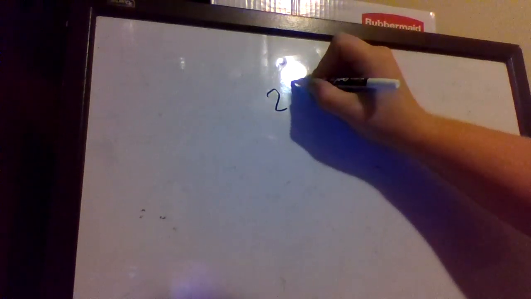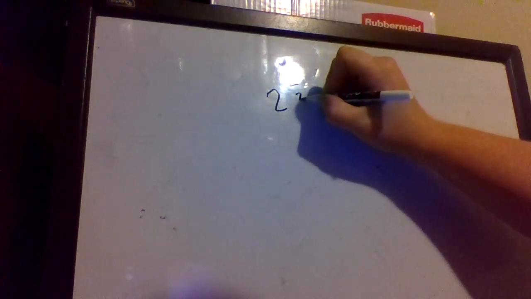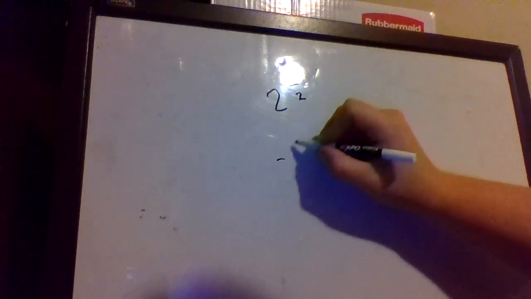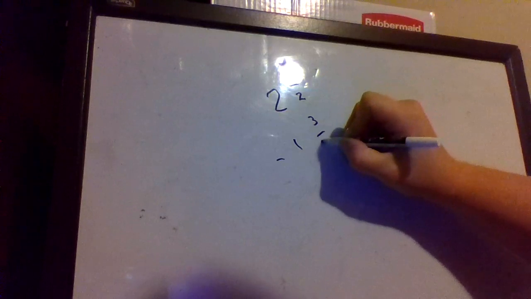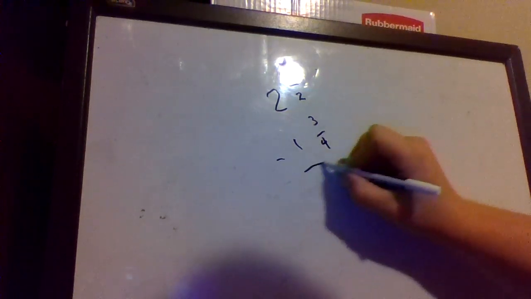So we're going to do another one, and hopefully I can make one that has borrowing in it. 2 and 1/2 minus 1 and 3/4. Alright, this one's good. So we need to find a common denominator first.